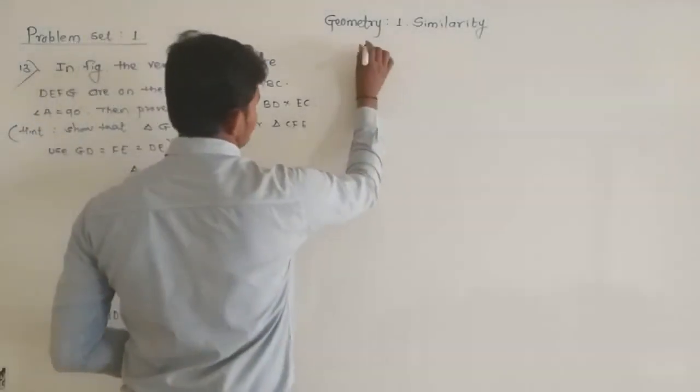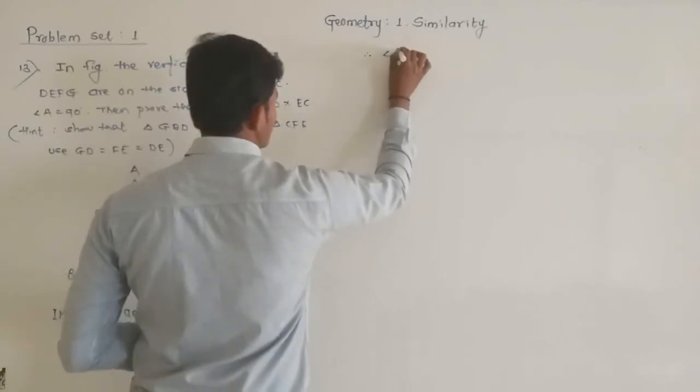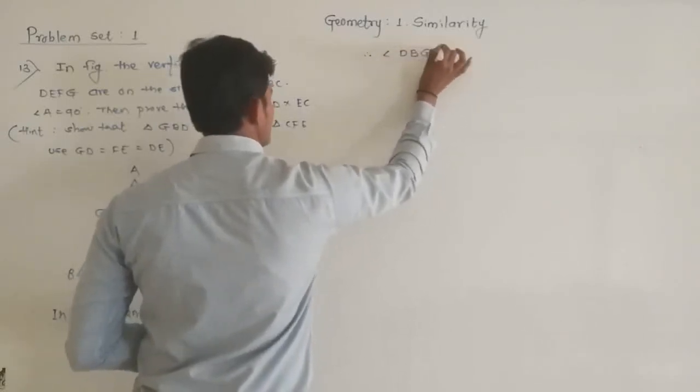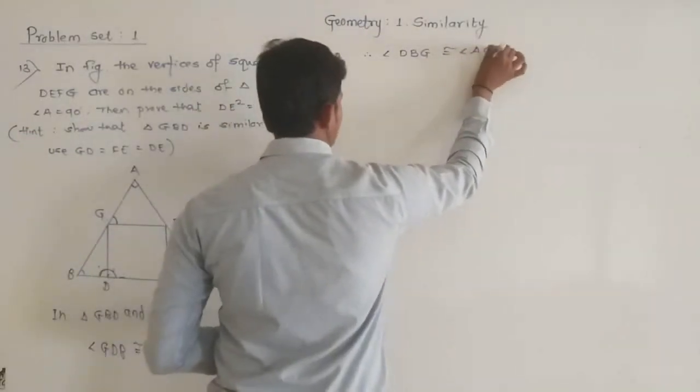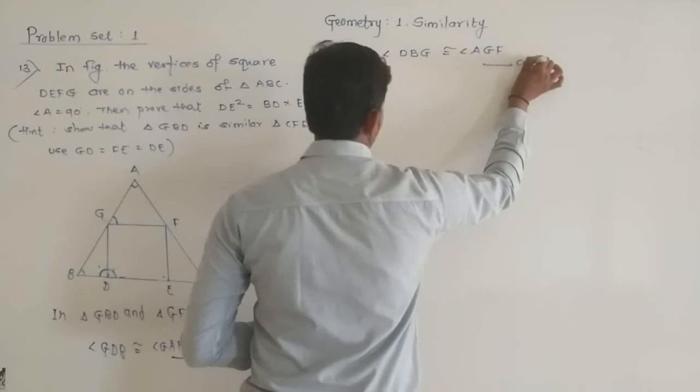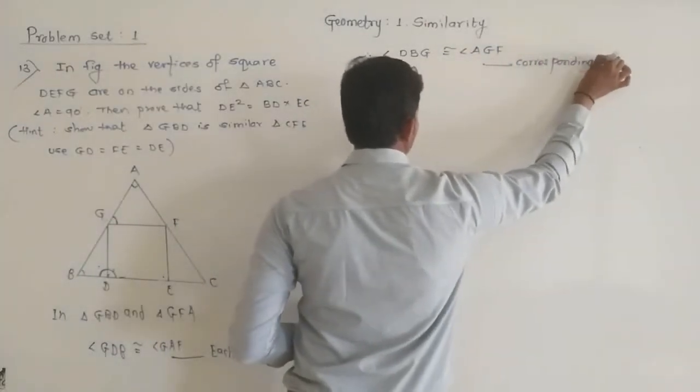So we get angle DBG congruent to angle AGF, corresponding angles.